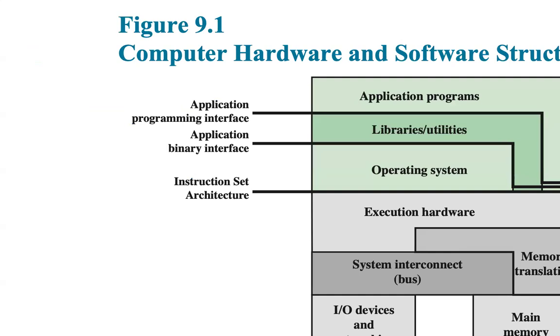This is a chart that I showed in the overview section. You can see how the software sits on top of the hardware, at least in terms of how you can be thinking about how it works in this diagram. We'll be talking about these three different topics in a couple of charts. The instruction set: this is how you get a chance to see what assembly language programming is like.